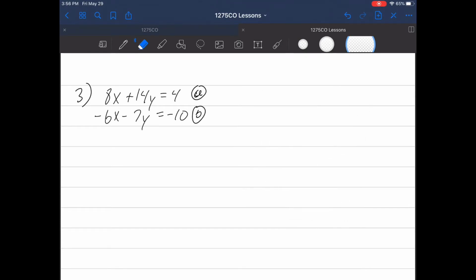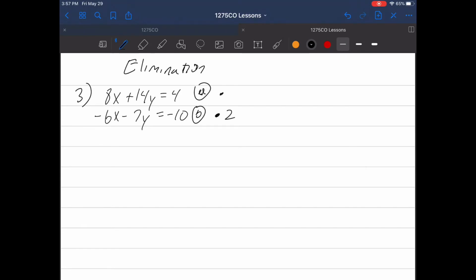So let's start over. What we're going to do here is something called the elimination method.